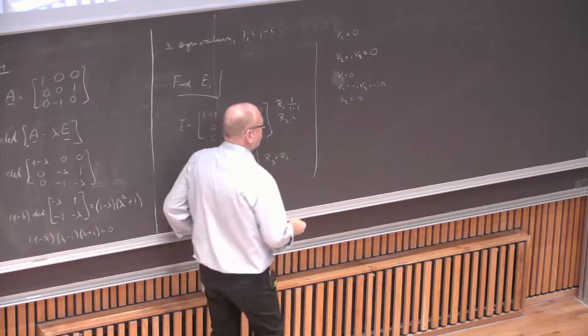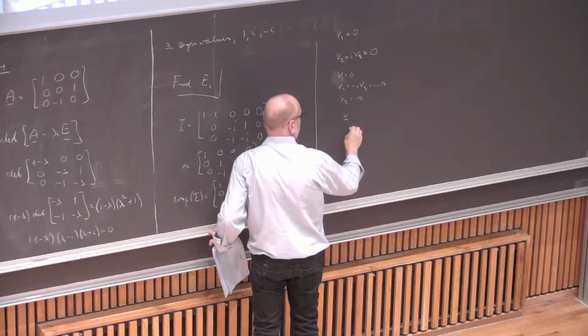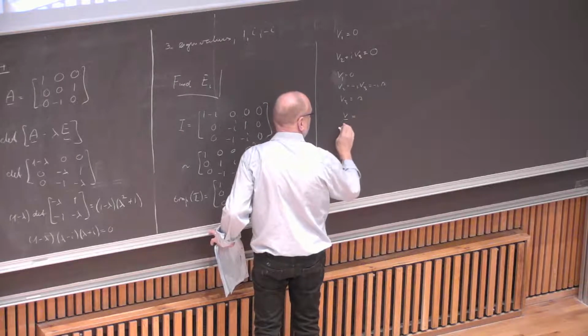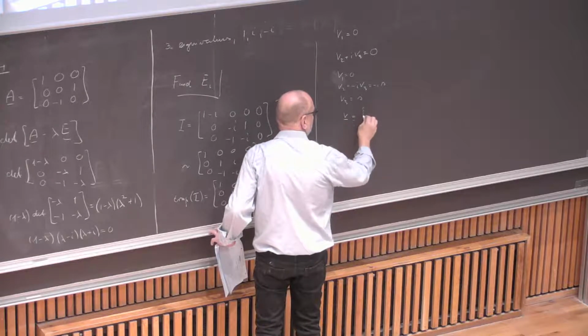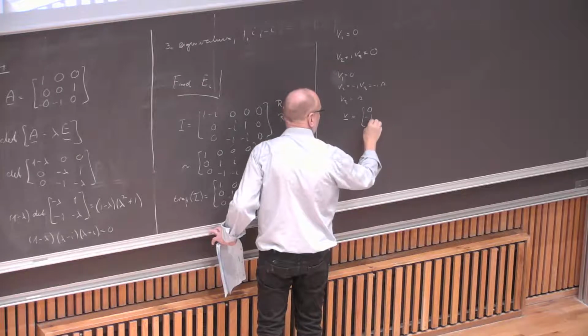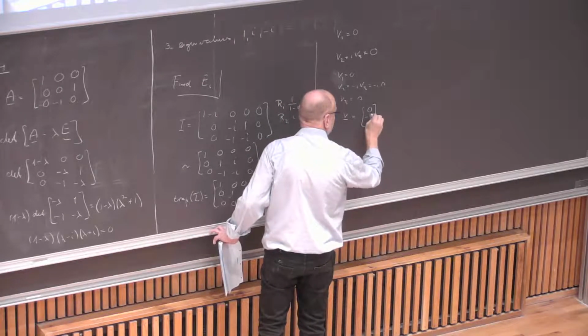And I have an eigenvector corresponding to i here, that is 0, minus i, 1.